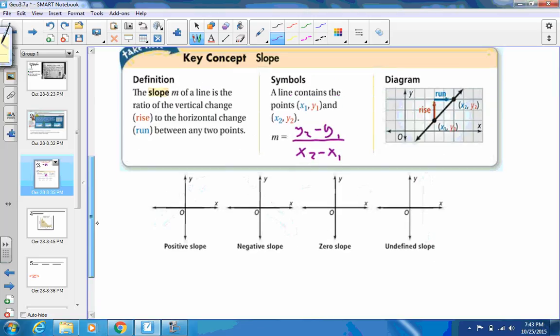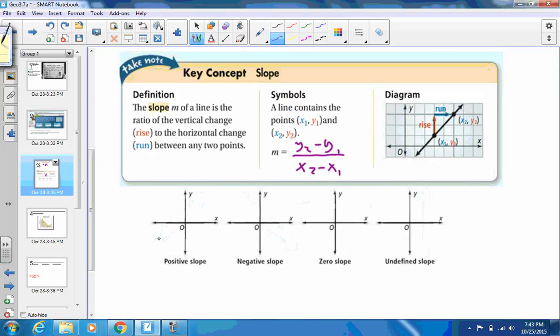All right. Now there are different types of slope. You might recall there's a positive slope. That's going to be a line that's going from left to right upwards. There's a negative slope, which is from left to right downwards. There's a zero slope, which is really just going straight across. It's just like you're walking on a flat surface. And then there's this thing called an undefined slope.